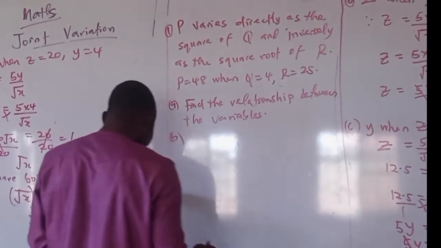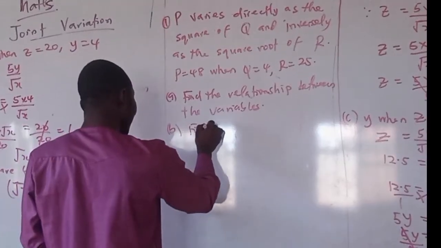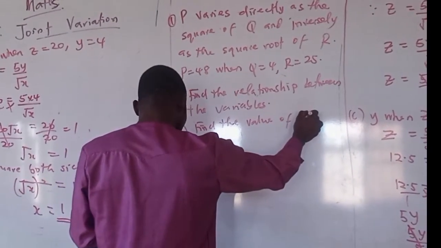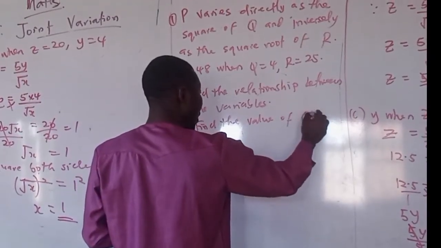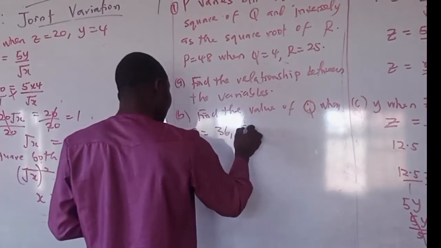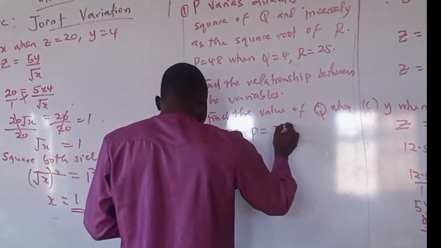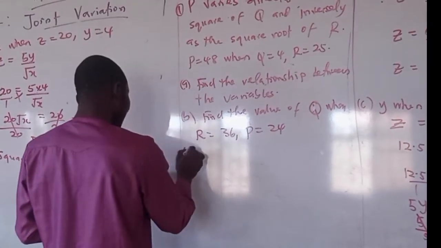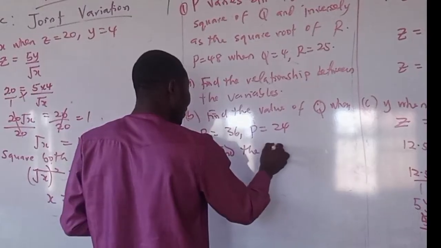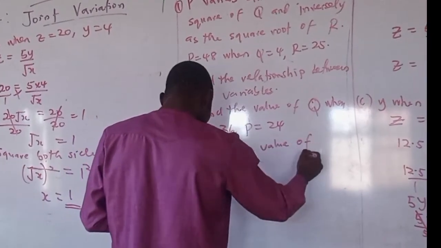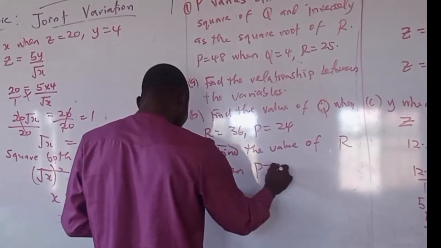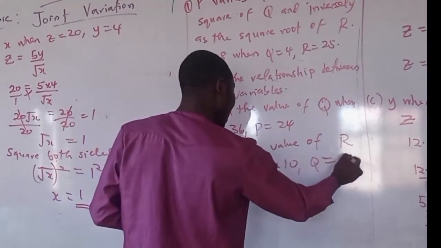The second question, we should find the value of Q when R equals 36 and P equals 24. And the last question says we should find the value of R when P equals 10 and Q equals 6.4.